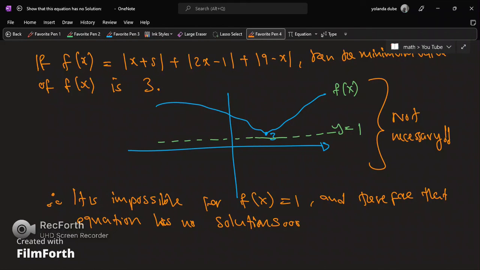We are trying to show that these two functions do not intersect each other, and therefore we cannot have solutions. Since we have already shown that this function has a minimum value of 3, it's impossible for it to be equal to 1, because that would mean f of x has another minimum which is 1, but this is not the case, and therefore we have a contradiction. So this is how to solve this problem.